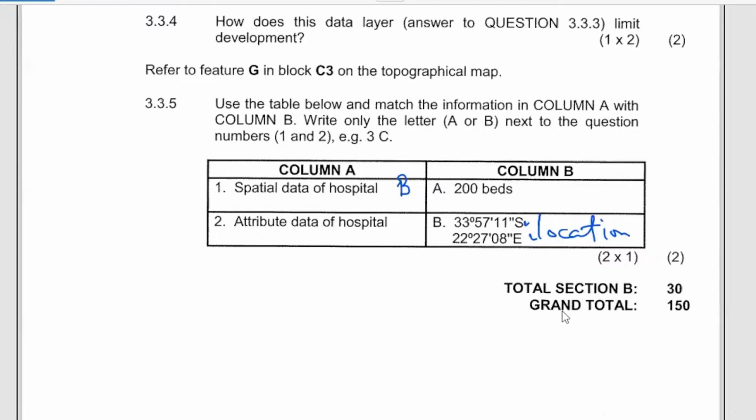And then attribute data of hospital automatically is A. This is descriptive. It gives further details about a geographical feature. So basically, that is how you can answer those questions.